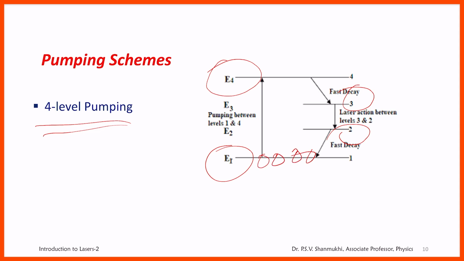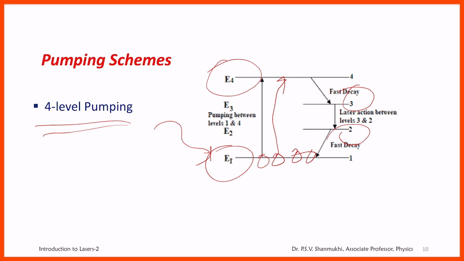They can stay for infinite time. Now, by any pumping method, maybe optical or electrical, whatever that may be, these atoms absorb the energy and go to the excited state E4. This E4 is not stable, it is highly unstable. So the atoms should come to the ground state.